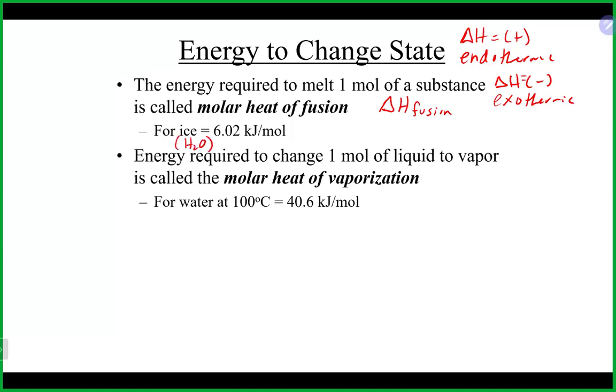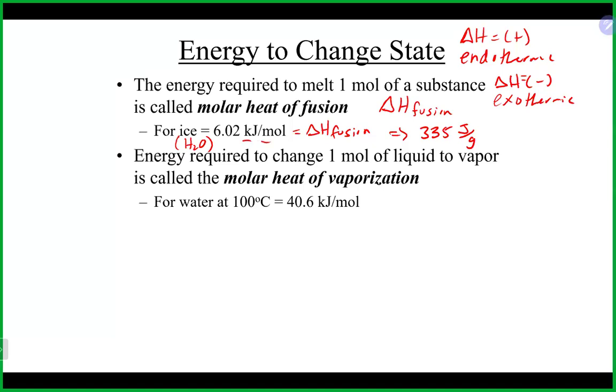that energy is about 6.02 kilojoules per mole. That is delta H of fusion for liquid water. That is approximately 335 joules per gram. And that is just a conversion from kilojoules per mole to joules per gram.